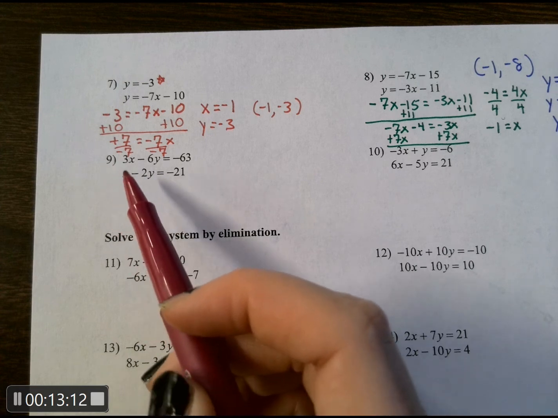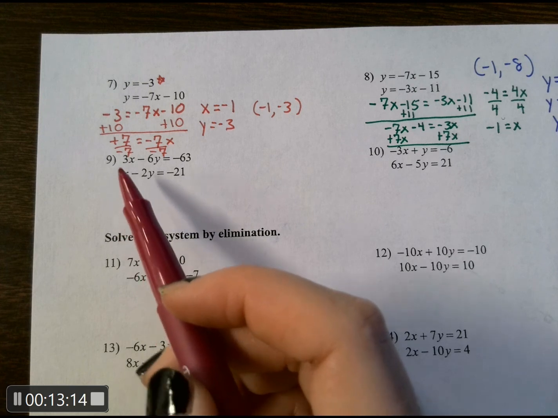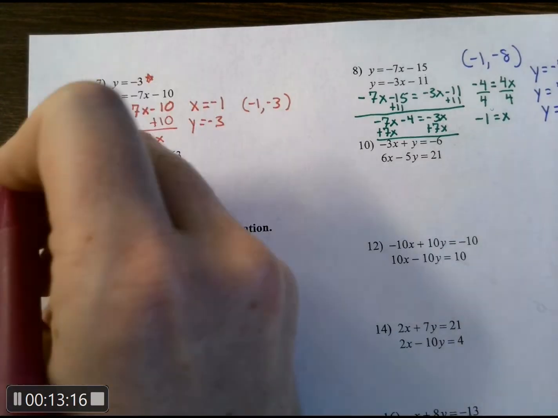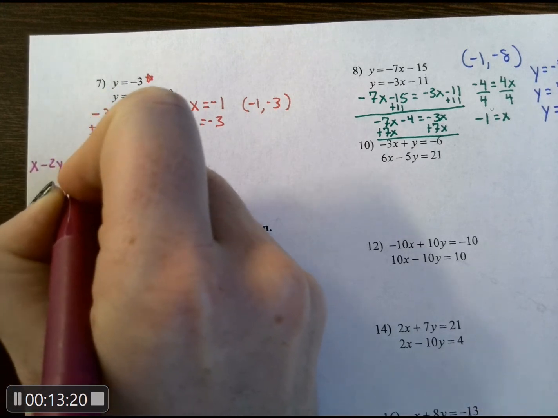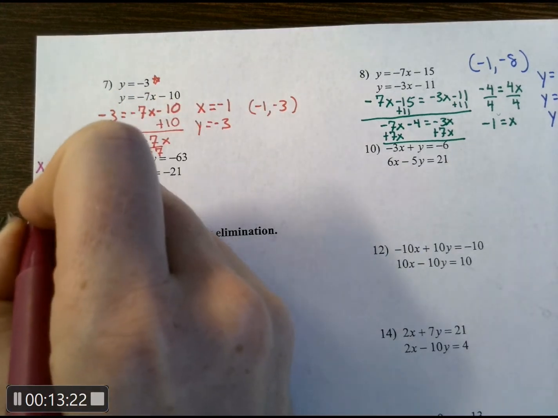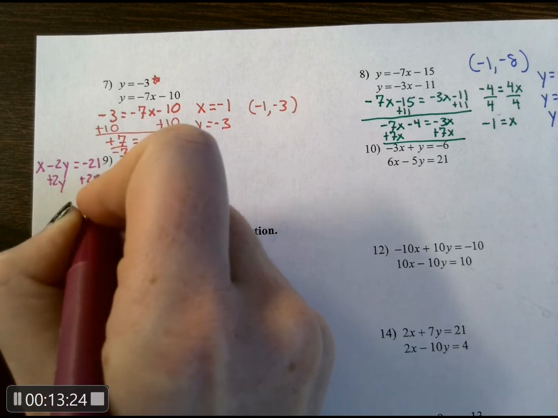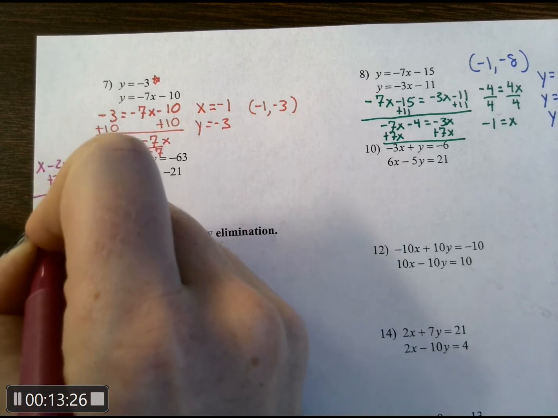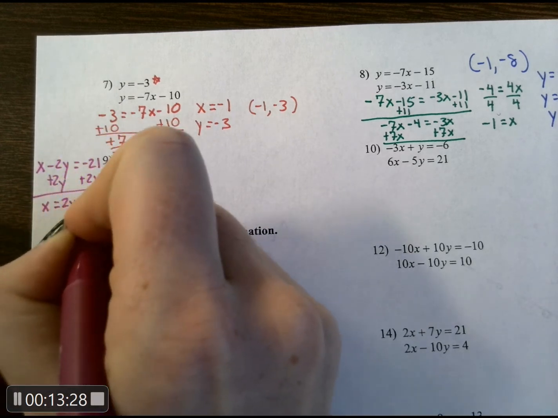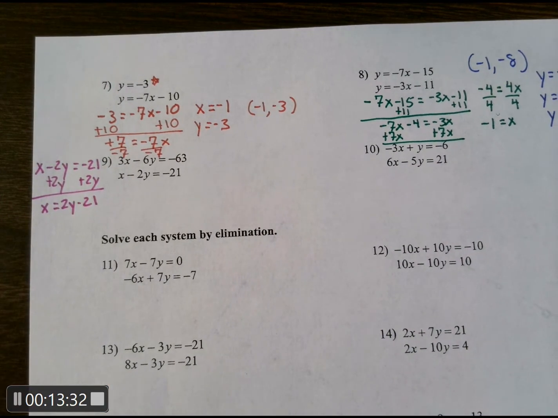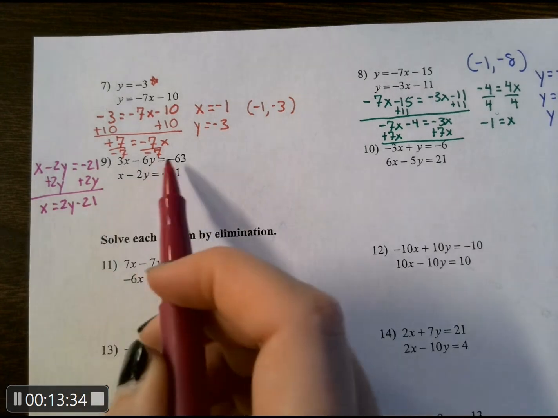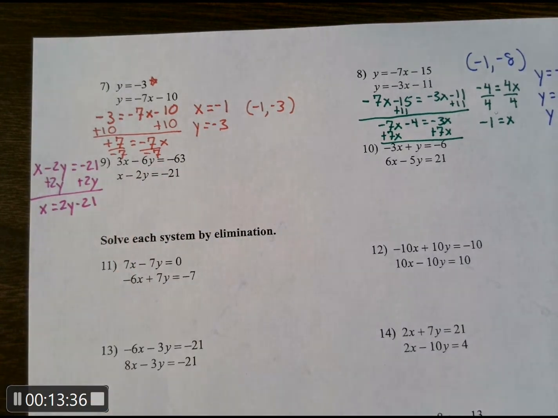Okay, this x is the only letter without a number in front of it. So off to the side, we're going to do x minus 2y equals -21. We are going to add 2y to both sides to get x equals 2y minus 21. Okay, so now we can take this x and substitute it into our top equation.